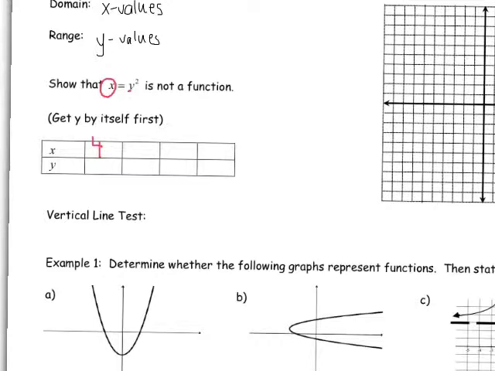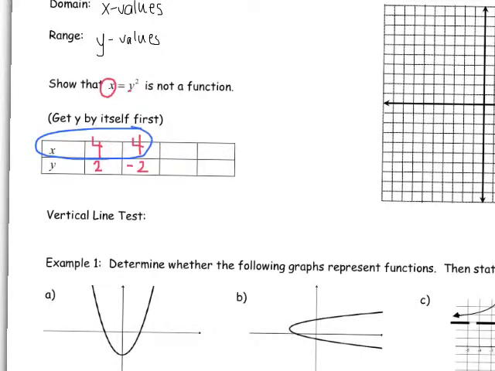Well, we know 2 squared is 4, but what other y value would get you that? You could also have had -2, and that still results in the x value of 4. So this is showing why it's not a function, because the x value of 4 gets you a y value of 2, and that same x value of 4 gets you a y value of -2. This is showing that x is repeating, which is not okay.